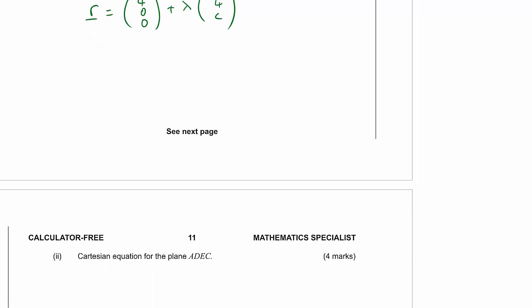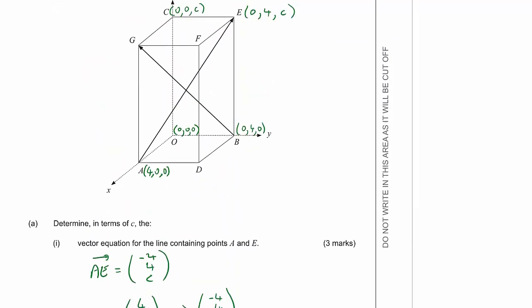And the Cartesian equation for the plane ADEC. So ADEC is a plane that goes across like this. So if we think of a couple of directions, A to E is certainly in there, so this direction is in there.